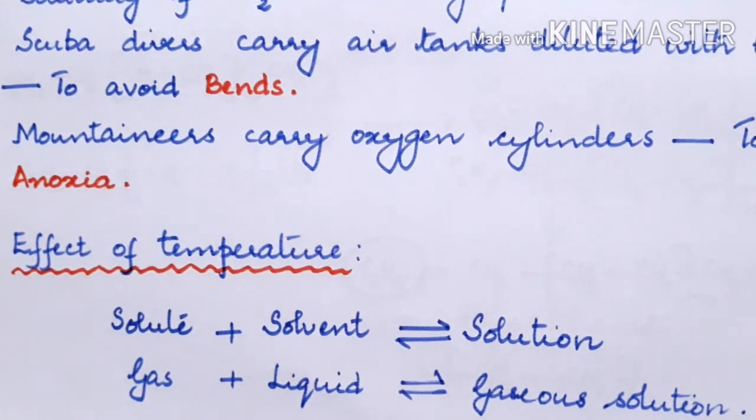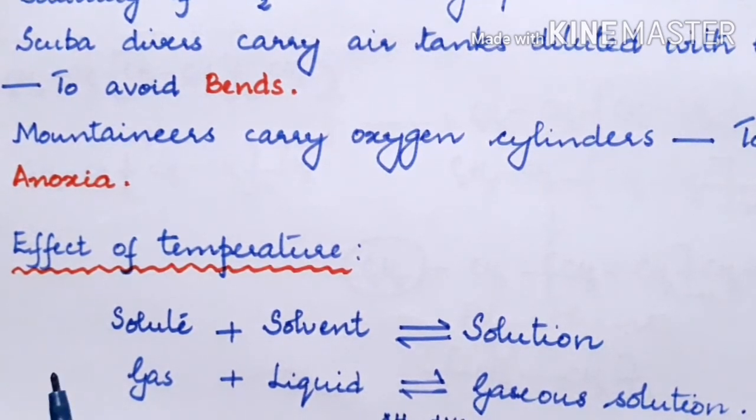When dissolved, gas molecules are present in the liquid phase and dissolution is also considered as a condensation process where heat is evolved. So, according to Le Chatelier's principle, if the forward reaction is exothermic, the backward reaction will be endothermic. When we increase the temperature, the system itself will try to reduce it in such a way as to decrease the temperature.